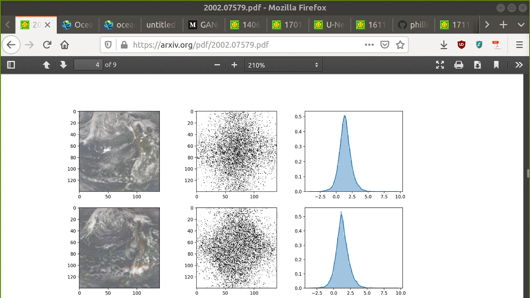The most impressive work was done by NVIDIA and Google with their so-called StyleGAN, where they produced very realistic photos with a resolution of 1024 times 1024 pixels, and it is quite difficult to discriminate these pictures from real pictures. It is kind of tricky, but I think it is doable.